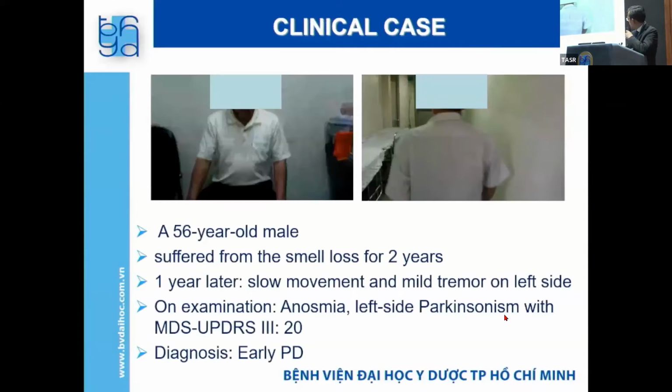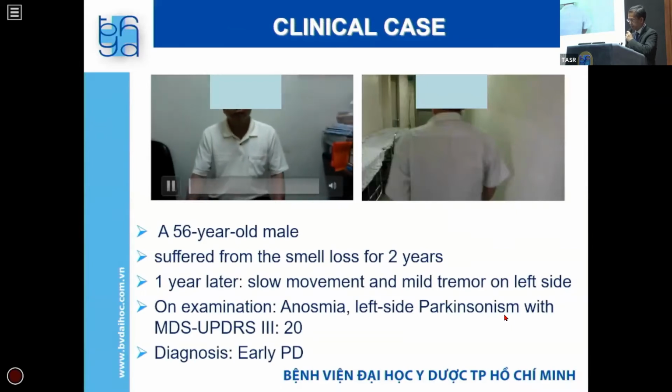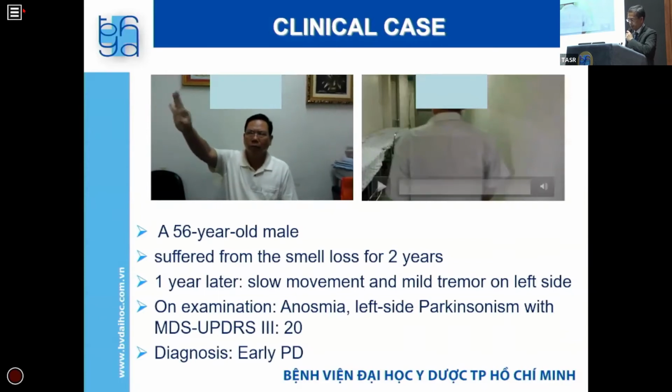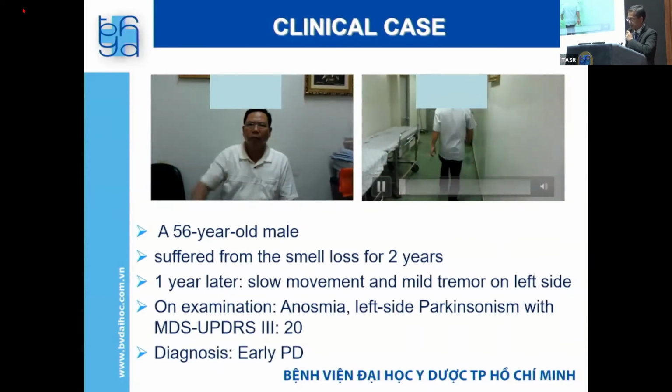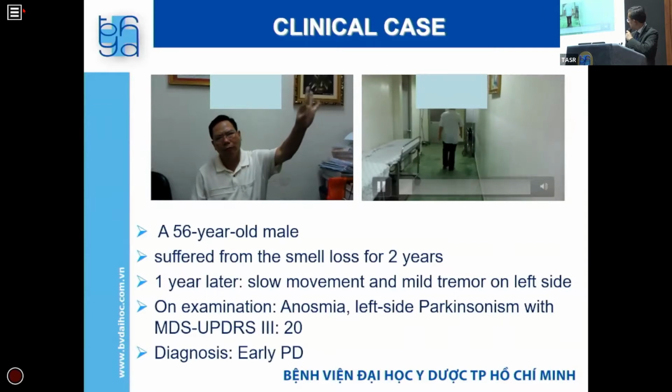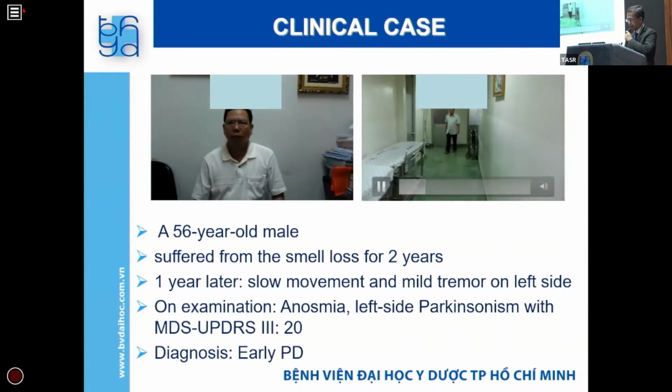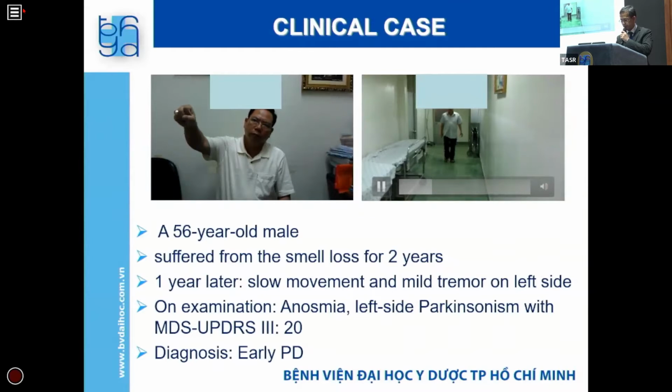At the beginning, I would like to share with you some clinical cases. You can see here, this is a male, 56 years old. He suffered from smell loss for 2 years, and 1 year later, he suffered from slow movement and mild tremor on the left side.